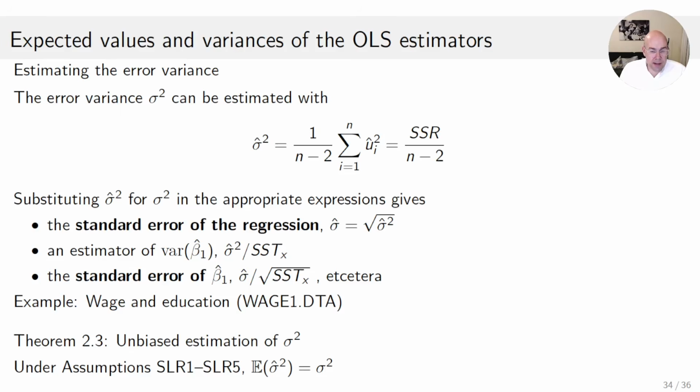The statement is that under assumptions SLR1 up to SLR5, in expectation, we're going to do the right thing by using sigma square hat as an estimate of what we're interested in, because in expectation sigma square hat is going to be equal to sigma square for a given sample size, and this is of course great.